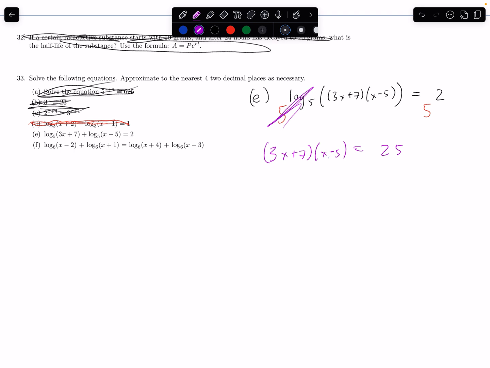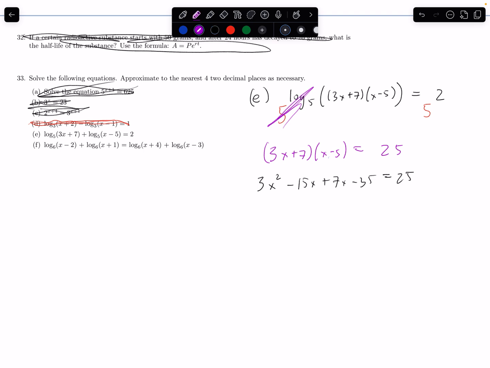Okay, now this step, I have essentially a quadratic. It's factored, but the right side is not 0, so I'm going to have to just FOIL things out. So I'm going to get 3x squared minus 15x plus 7x minus 35 equals 25. Let's move everything to the left.